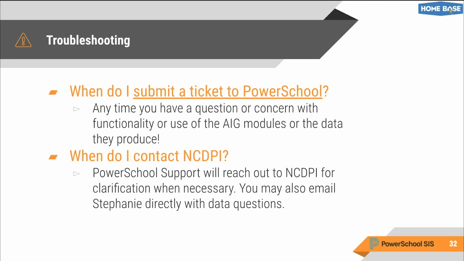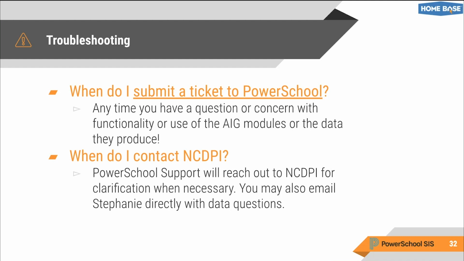Now, keep in mind that you do have to have your district or charter school PowerSchool coordinator submit that ticket, but you'll want to get with them and make sure that you report, especially anything that is an issue or a data problem that you are unable to fix. You definitely want to report that to PowerSchool as soon as possible.